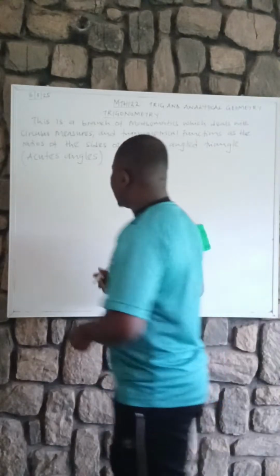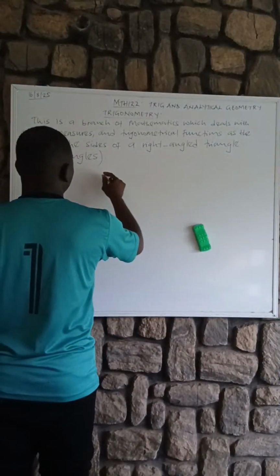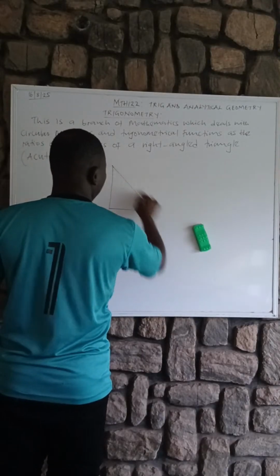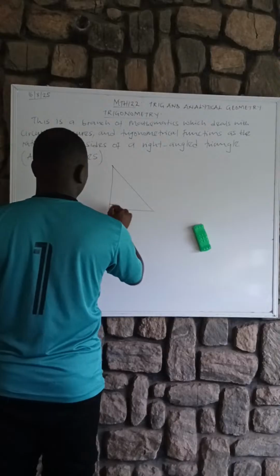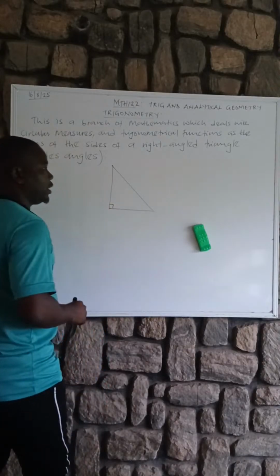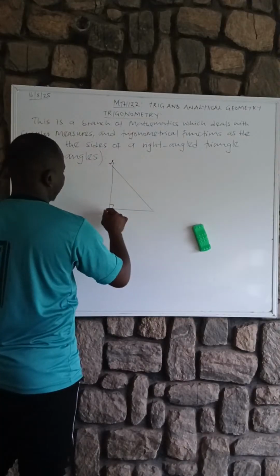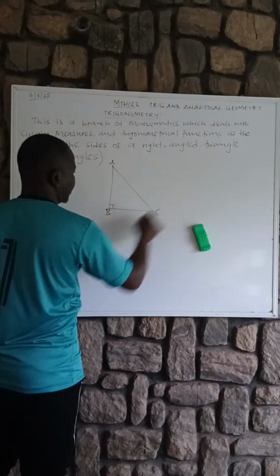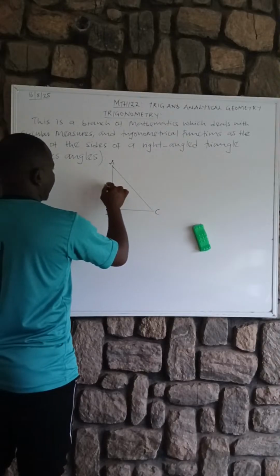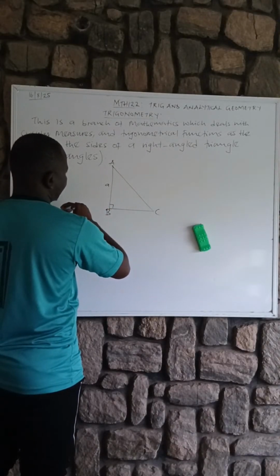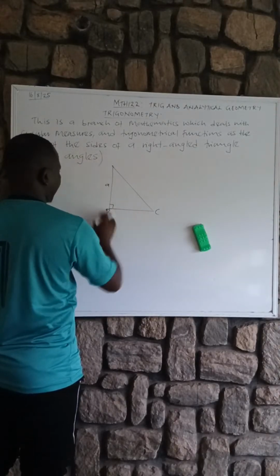Let's have our right angle triangle. This is our right angle triangle, right? We can name here A, B, and C. This is A. Okay, let's forget about this.